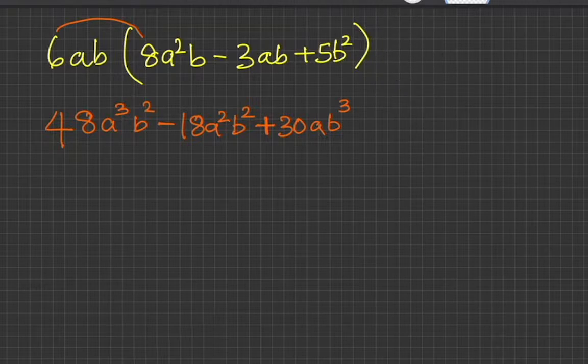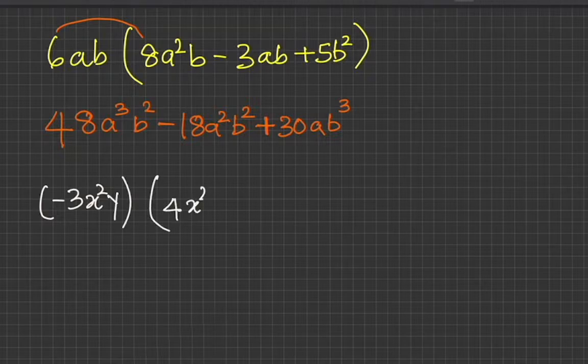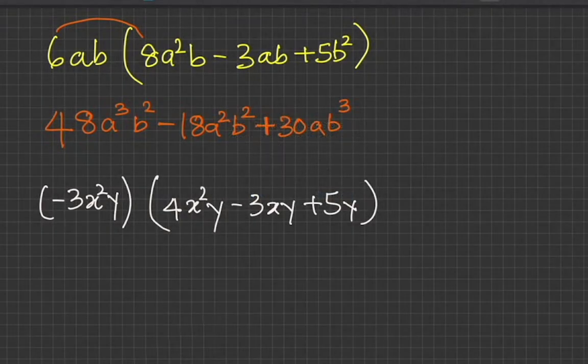Next one. I have negative 3x squared y times 4x squared y minus 3x plus 5y.